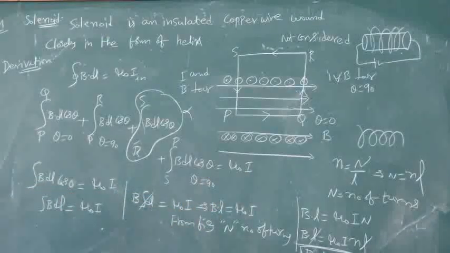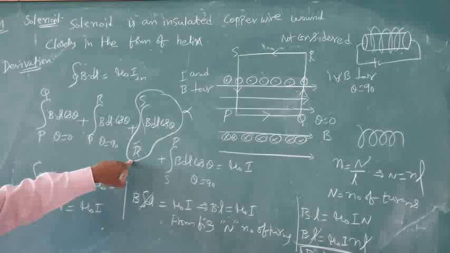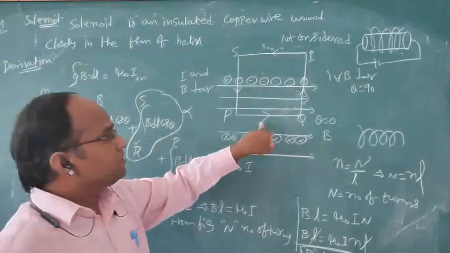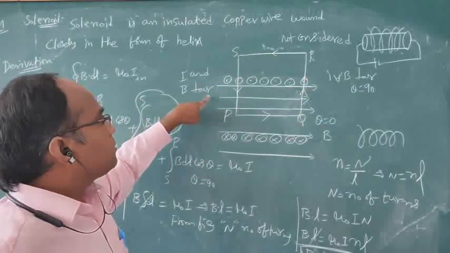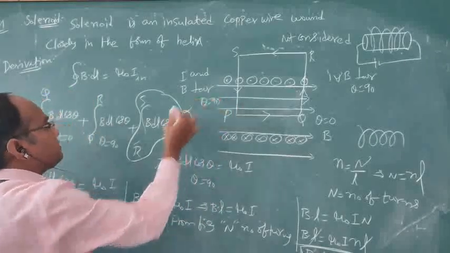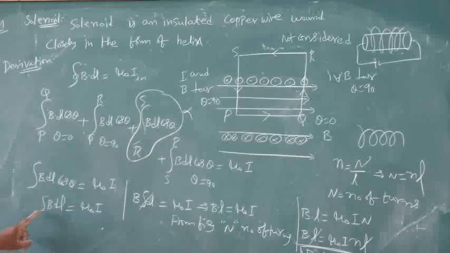Here theta is equal to 0 on the inside, and outside the loop theta is equal to 90. By substituting all the values, cos 0 is 1, so integration of B·dl is equal to mu naught I.